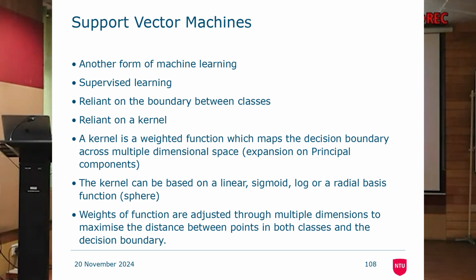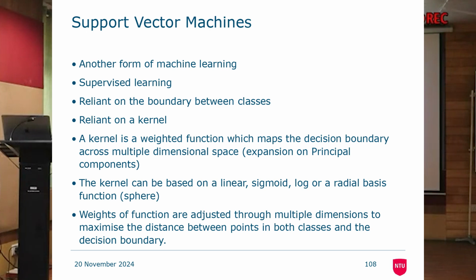So what it's trying to do is find that decision boundary. If you remember yesterday I talked about decision boundaries. You have a cloud of data, the decision boundary is the thing that separates one group from the other through multidimensional space. So this technique is reliant on a kernel. A kernel is kind of a seed function.